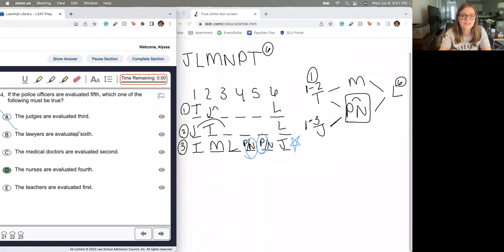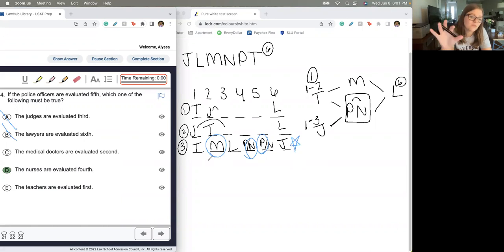Lawyers are evaluated 6th. I already talked about that J has to go in 6th. I can eliminate that. M is evaluated 2nd. I do have that here. So I'm going to keep it open. N is 4th. Do have that happening. And T is 1st. I do have that happening. So this is a good example of must be true, has to be true all the time.